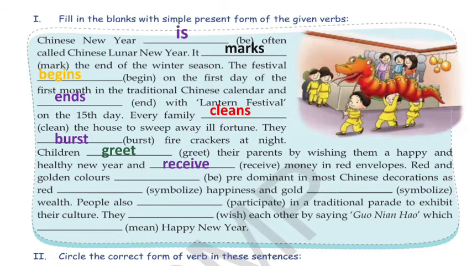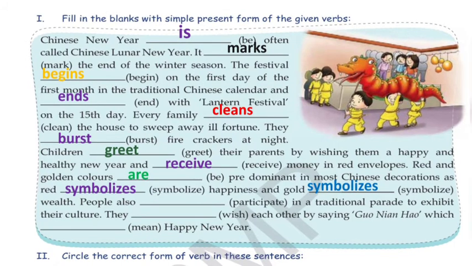Red and golden colors are predominant in most Chinese decorations as red symbolizes happiness and gold symbolizes wealth. People also participate in a traditional parade to exhibit their culture. They wish each other by saying Guo Nian Hao, which means Happy New Year.